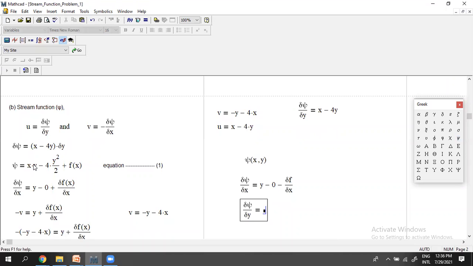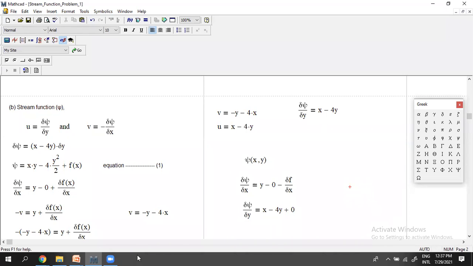You get from xy only x, minus 2y square, so what are you getting? 4y, right? Y square derivative is 2y, so you get 4y. What is the derivative of this function with respect to y? There is no y in it, so the derivative of this function will be 0. So I am getting plus 0.